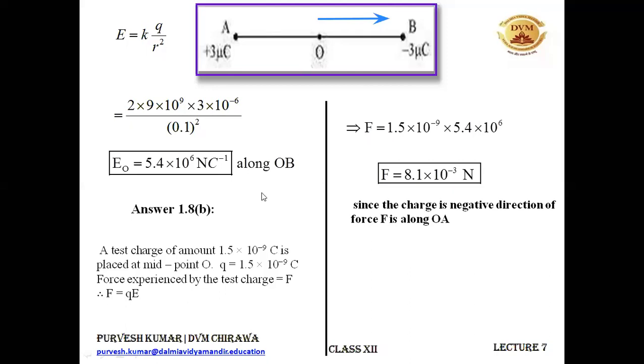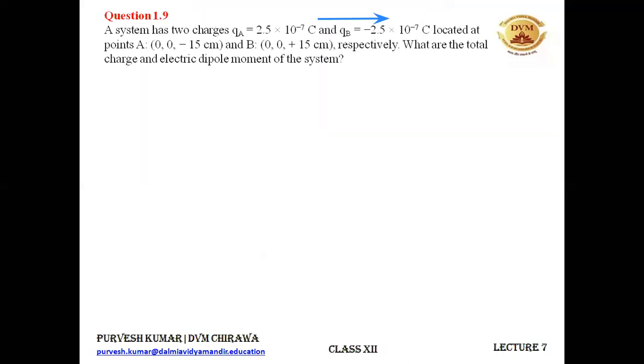Let's move towards the next problem. In the next problem, it says that a system has two charges, QA and QB. They both have magnitude 2.5 into 10 to the power minus 7 Coulomb, but QB is of negative sign.